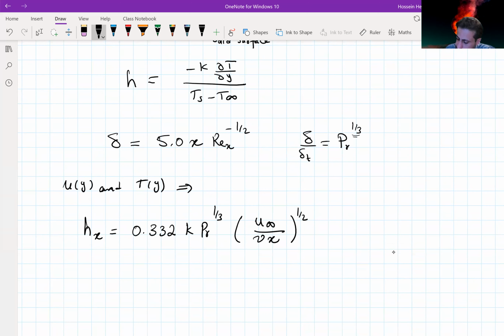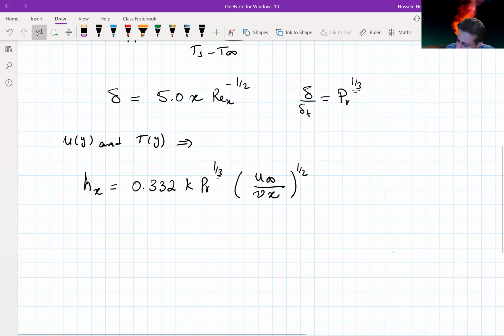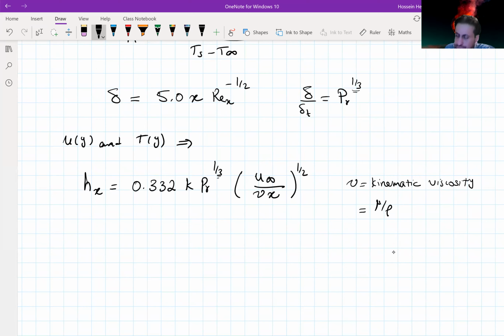Notice the Prandtl exponent 1/3 here, and nu is the kinematic viscosity, or mu over rho. That's the properties of the fluid, and this is the local convective heat transfer coefficient.